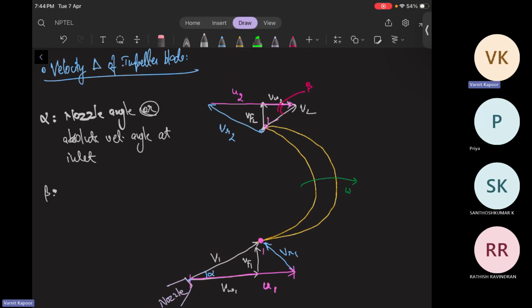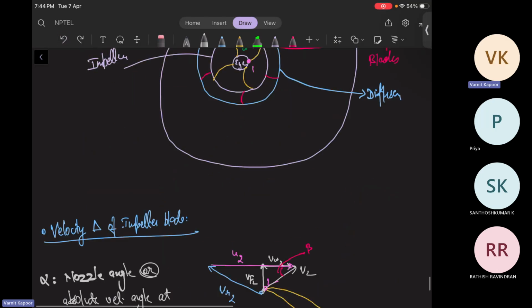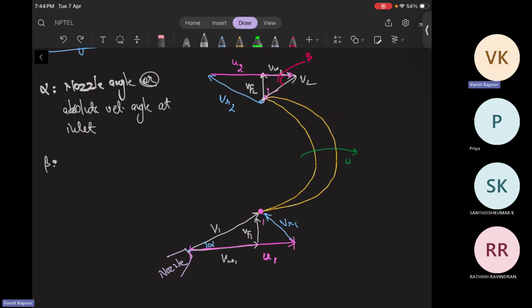Why diffuser inlet? Because when it exits from the impeller, it goes into the diffuser region. So beta is the diffuser inlet angle, or absolute velocity angle at outlet. This v2 is your absolute velocity and it is making angle beta at outlet.